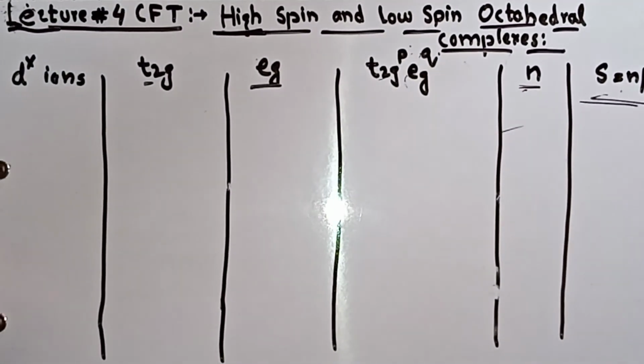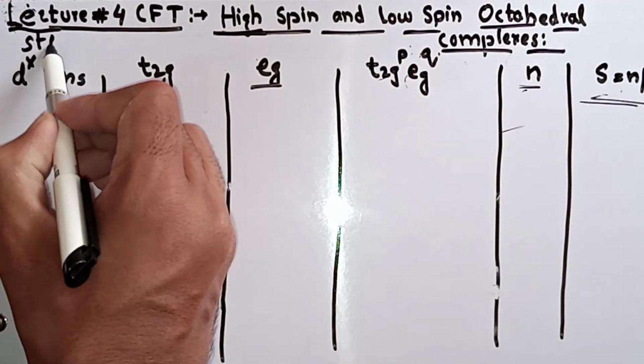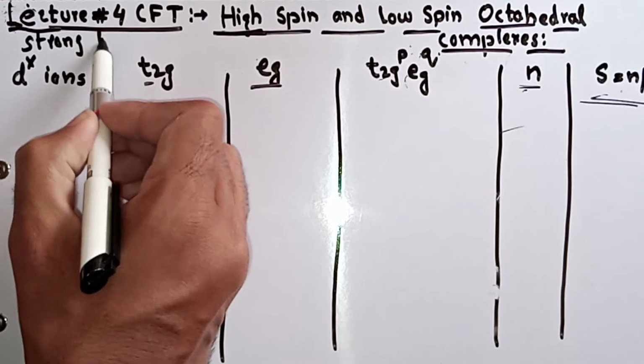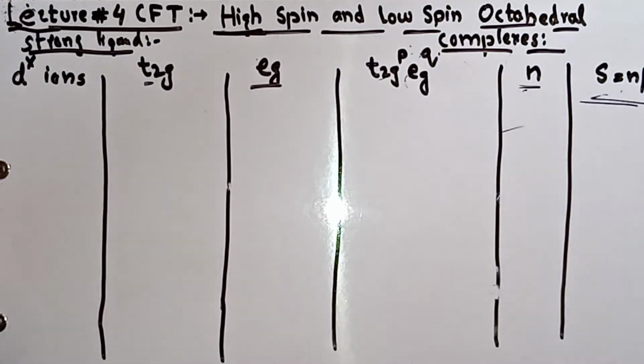So if the system has a strong ligand attached, there is a strong ligand system.